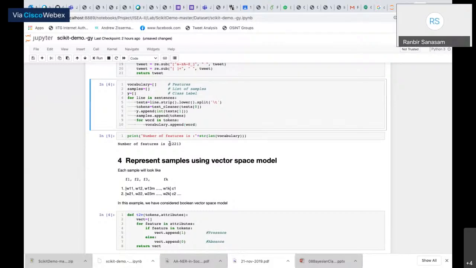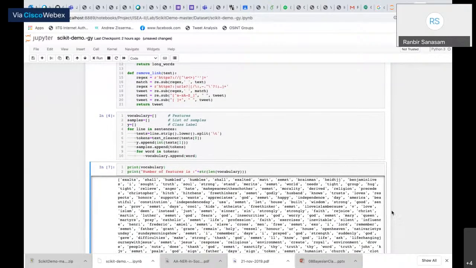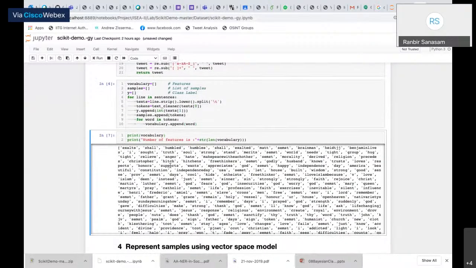So that is the number of features that you are going to deal with when you are using text. I can also see what these features are. If I just say print unigrams, these are the features that I am considering.